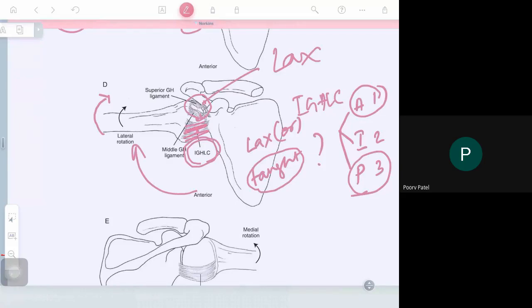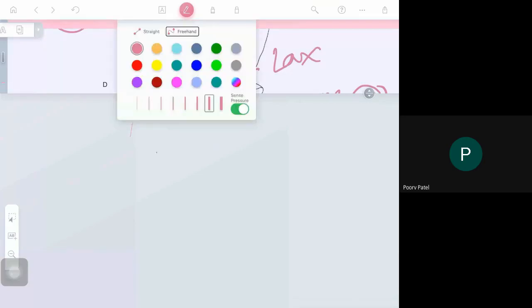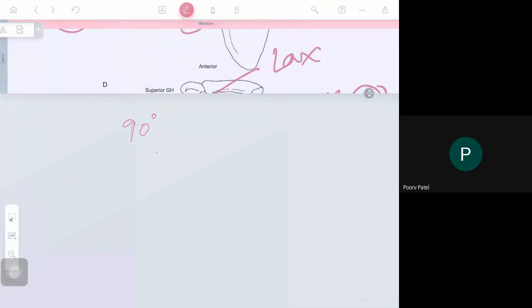Clear? Complex. When you do external rotation, again I'll repeat, when you are in the 90 degree abduction position, the inferior glenohumeral ligament complex has three ligaments: anterior, inferior and posterior.